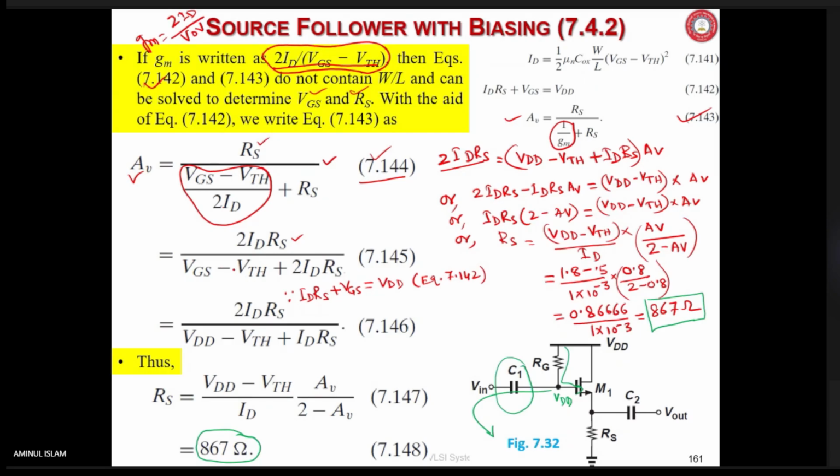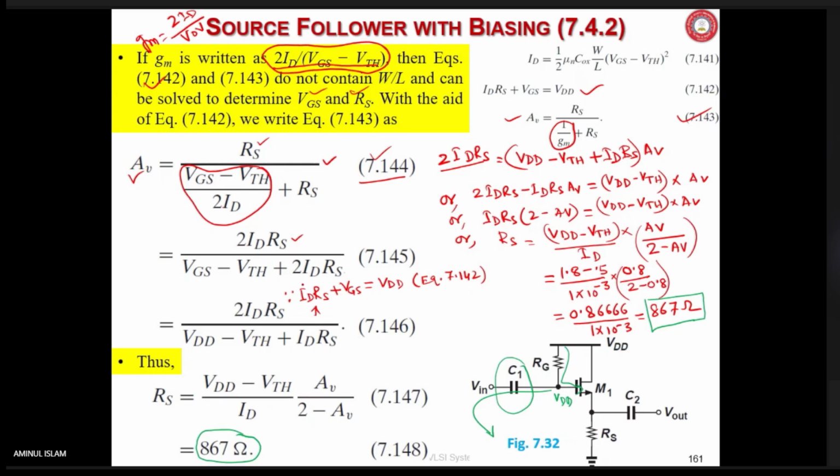Understood? Okay. So same thing. Now 2ID RS divided by VDD minus VTH plus IDRS. Why follow this one? IDRS plus VGS equals VDD, we have written earlier, or it is available here also.